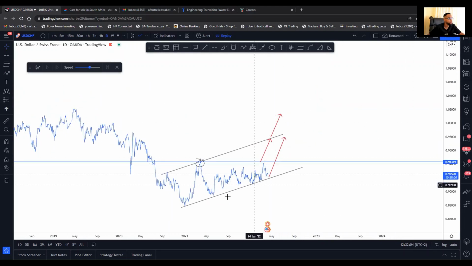But we need to know that we are having a diagonal support, and this is our diagonal resistance.